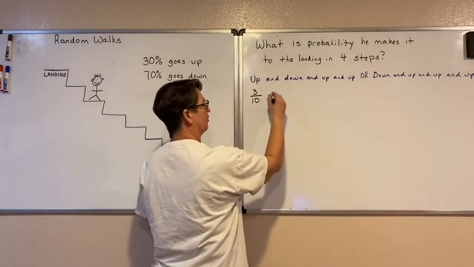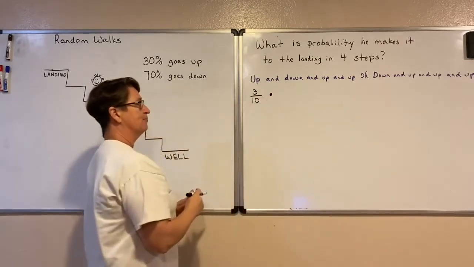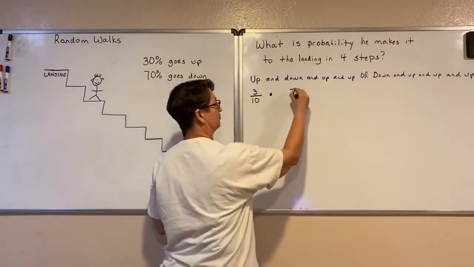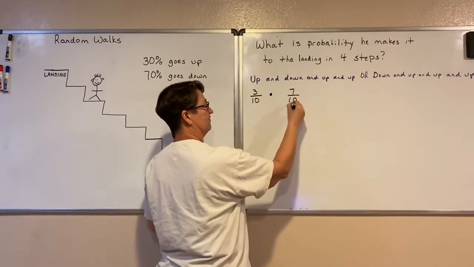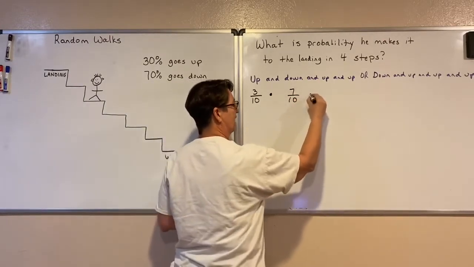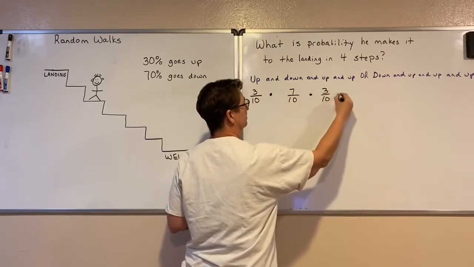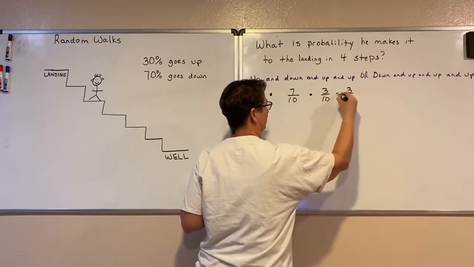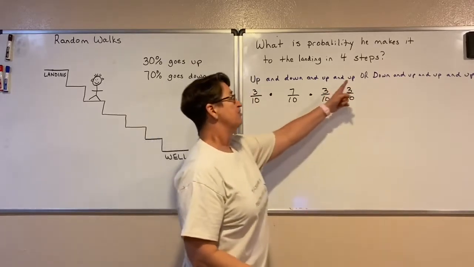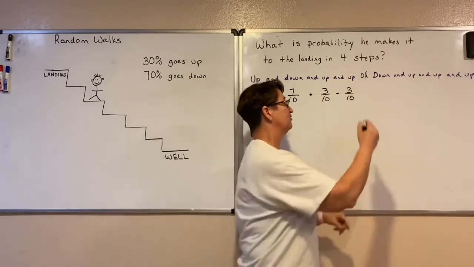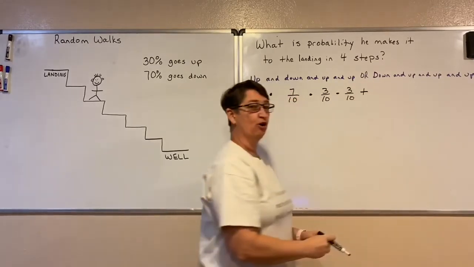And when I'm doing probability, "and" makes me think multiply. Down is 70%. We just saw in that last problem that 70% is the same as 7/10. And "and" makes me multiply. Up is 3/10 and up is 3/10. This "or," when I'm thinking about probability, "or" reminds me to add and then look for any overlap.